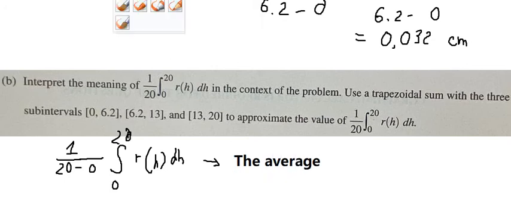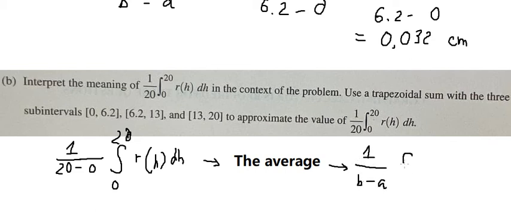The formula of the average is 1 over b minus a, times the integration from a to b of f of t dt.